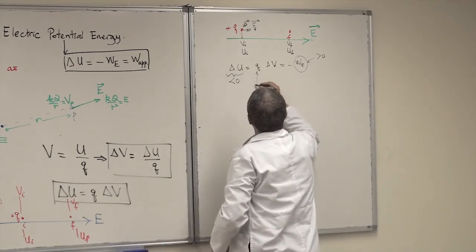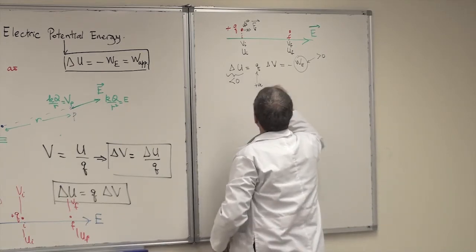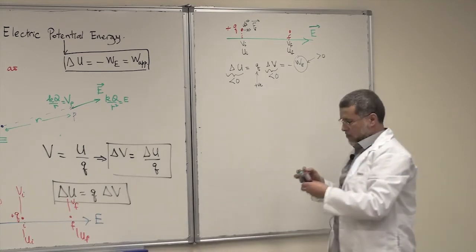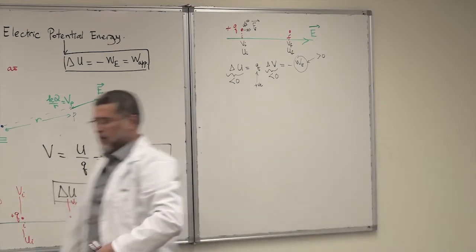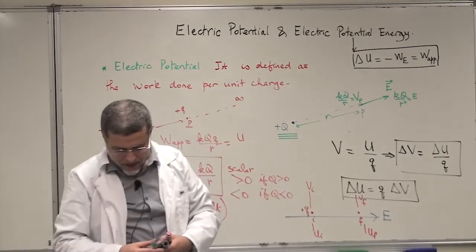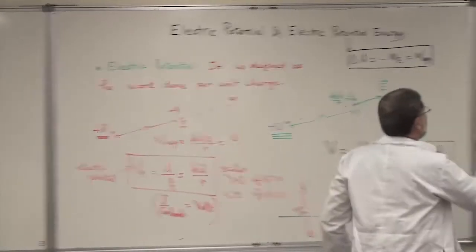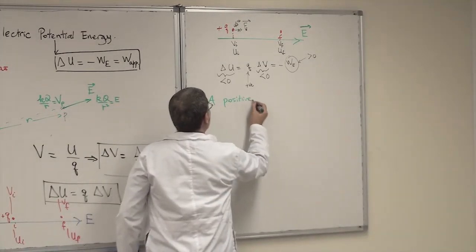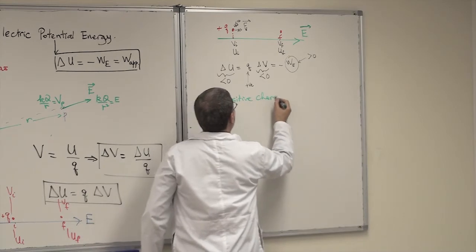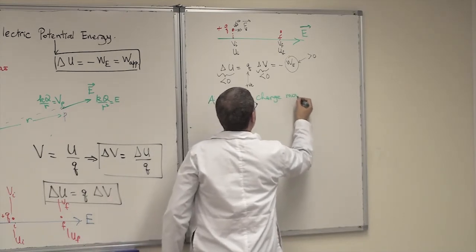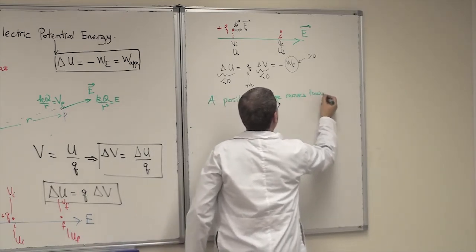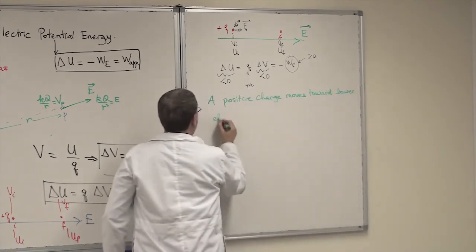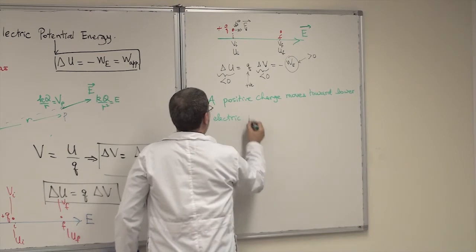And this is a positive charge, all right? It's a positive charge. So delta V will be what? Will be also negative. Very important. What can we say here? A positive charge moves toward lower electric potential.